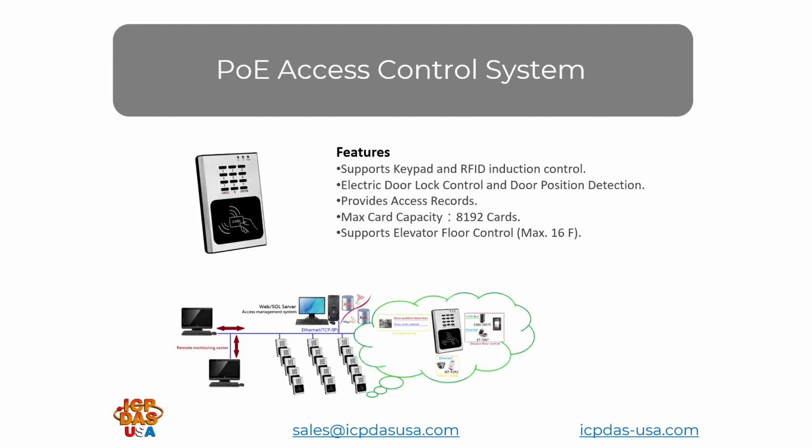Then we have our PoE access control systems. These are card readers and RFID, and they also have a keypad so you could punch in a code. It will be used with a security system, and it communicates to the web server, and you could save a list of people that will be given access based on the code or the card or some other form of ID.